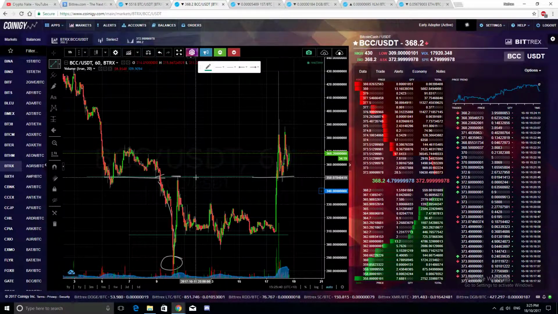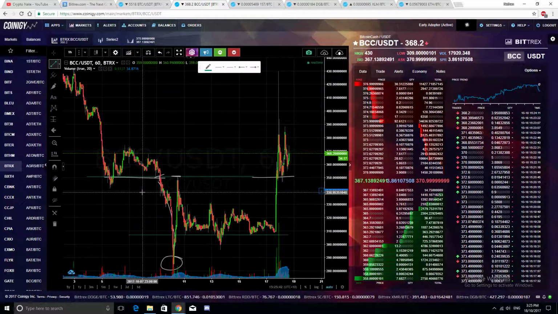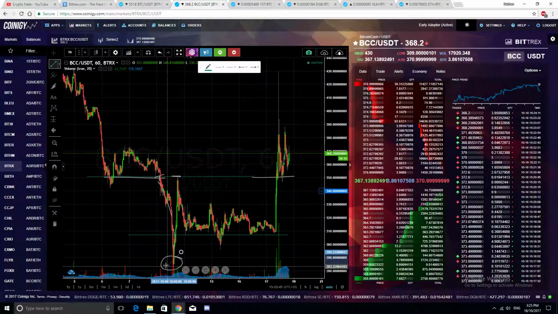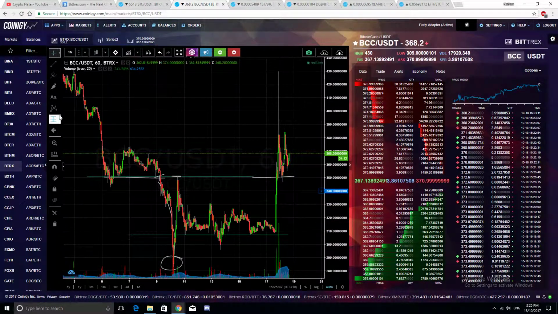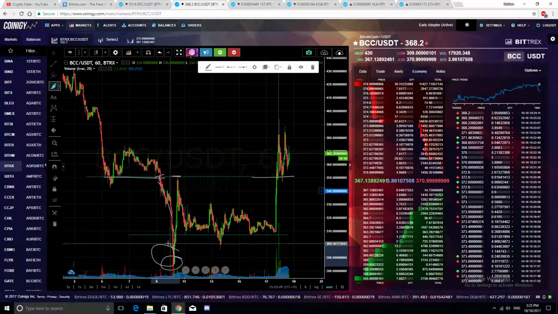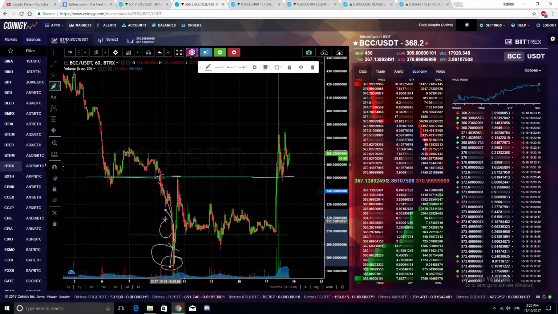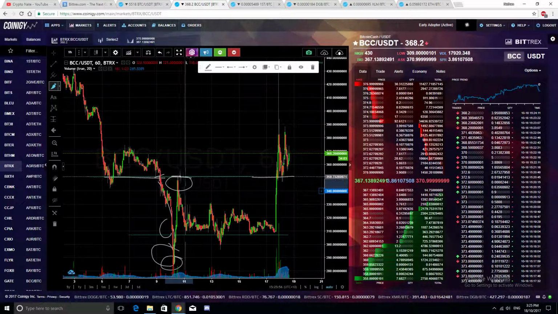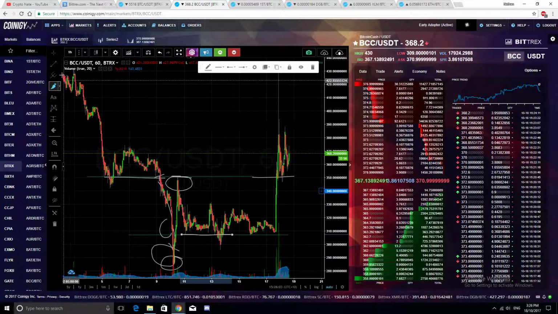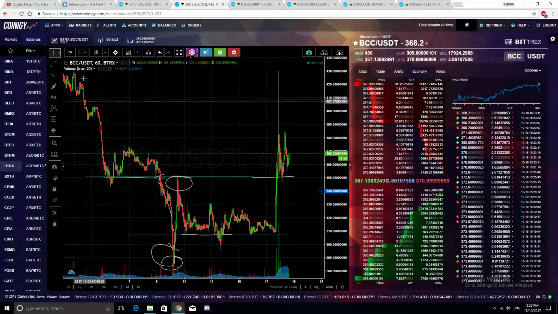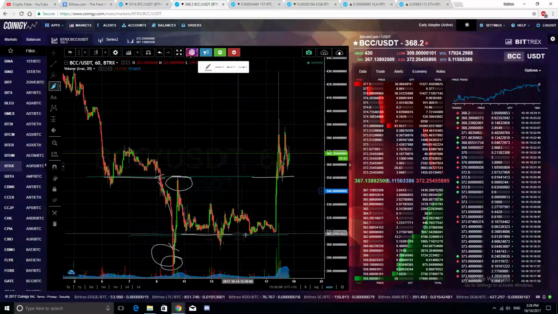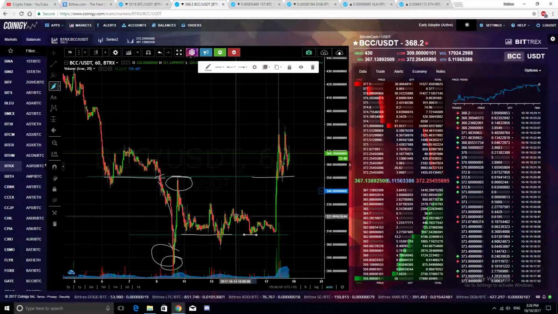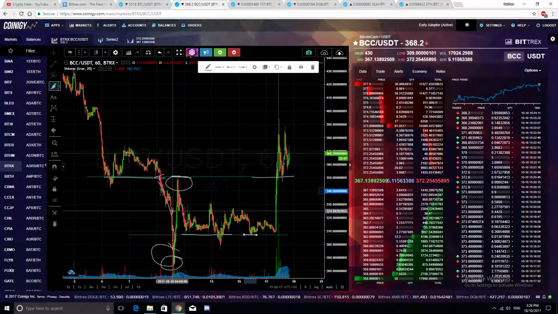If you can start to read these support and resistance lines, you can get an idea of where you should be buying, anywhere along here would be good, and then where you should be selling, which is close to that resistance point right there. It came back down, tested that new base, that support line, on multiple occasions, and got pushed back up to a nice hefty bit of profit.